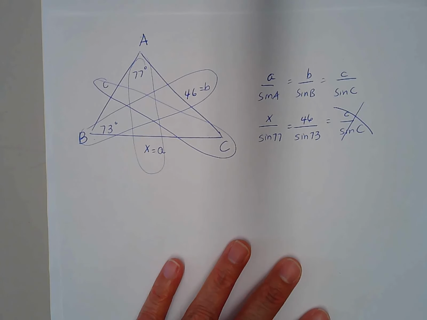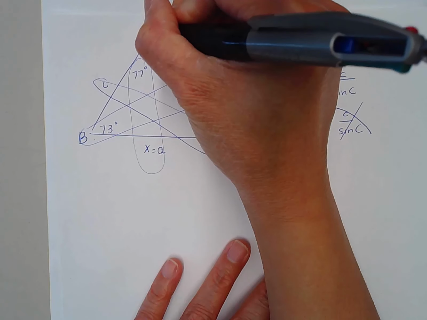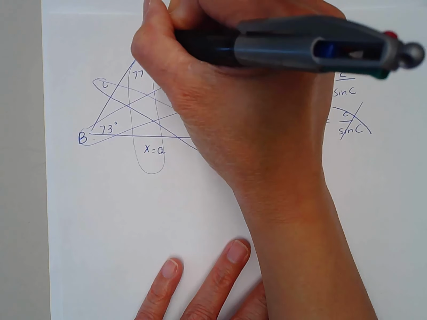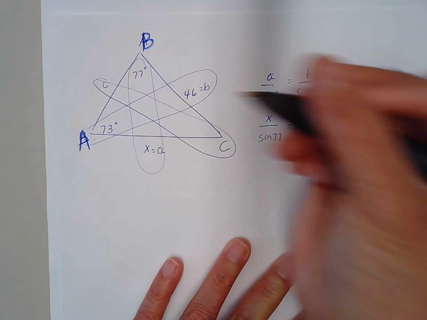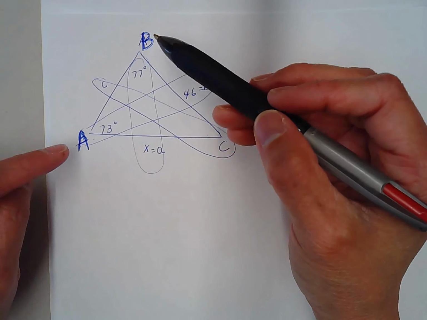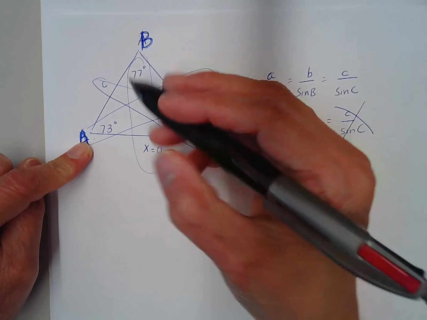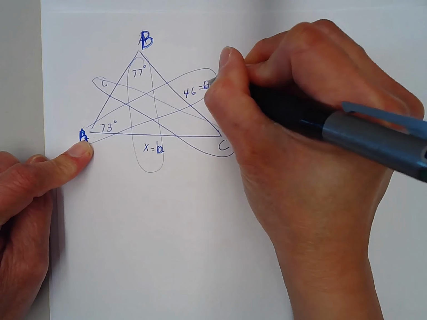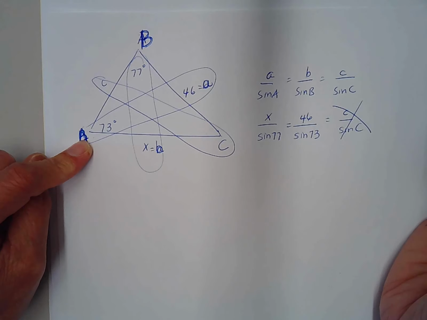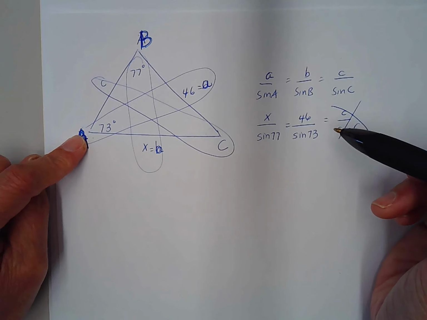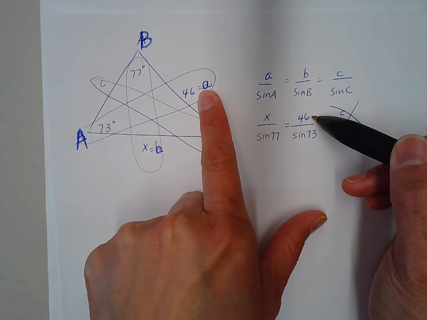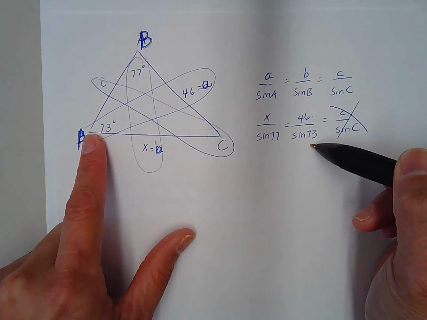Now, what if I don't label it that way? What if another student labeled it differently? What if somebody labeled A and B this way, so this is now B, and this is A? That means it's still going to be 46 divided by sine of 73.